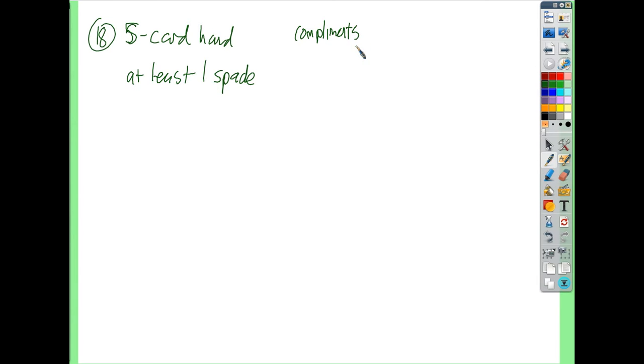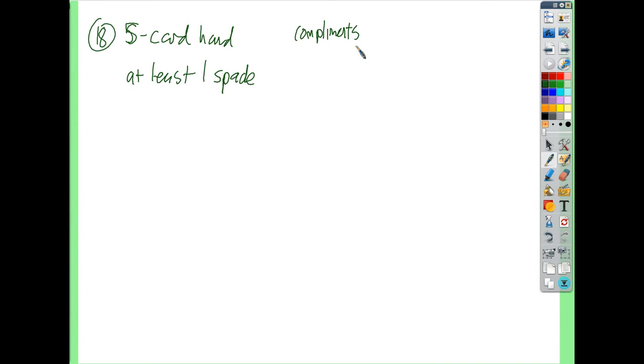Complements, as in geometry or combinatorics or whatever we're talking about, the two complements add together to make some kind of a whole. When we're counting, complements are all the possibilities. Okay? Let's talk about that.